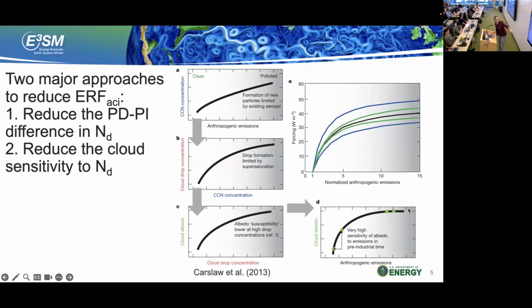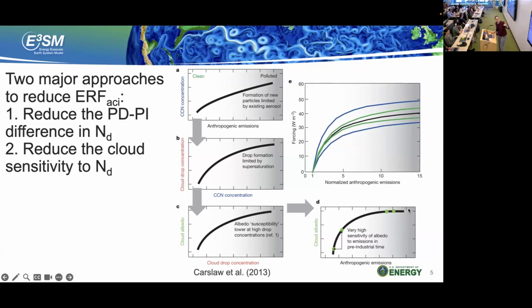And then finally, if you combine all of those together, you get this last plot, which is showing the link between anthropogenic emissions and cloud albedo. And because at each of these steps there are processes involved that cause the relationship to be sublinear, overall you get this very strongly sublinear effect.